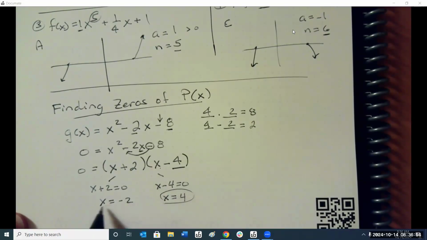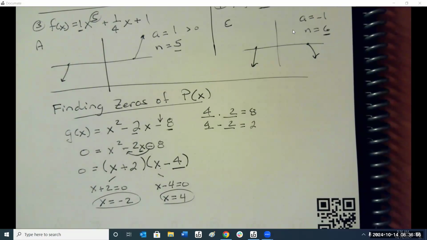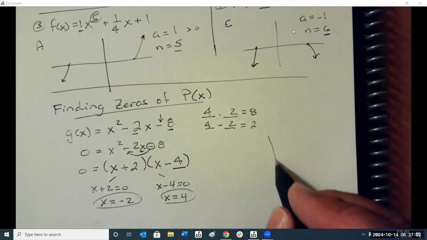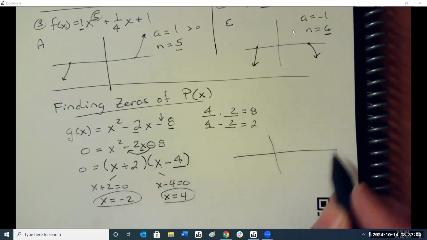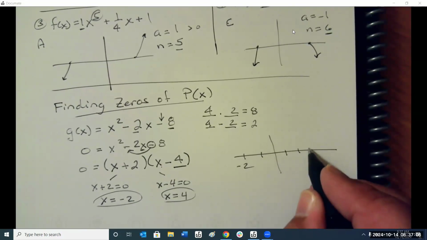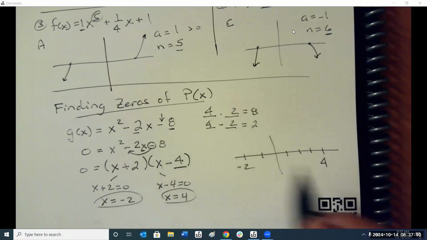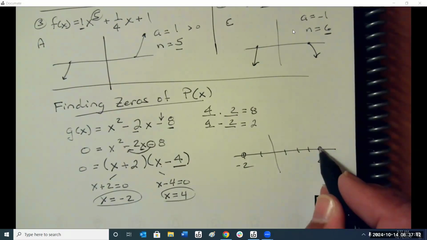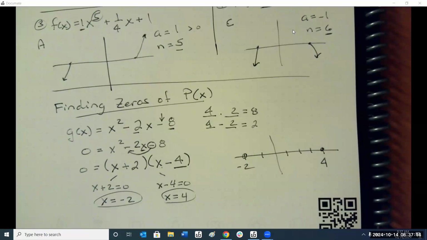Solve for x, and there we have our x-intercepts. So we know in our graph that -2 and 4 are our x-intercepts.